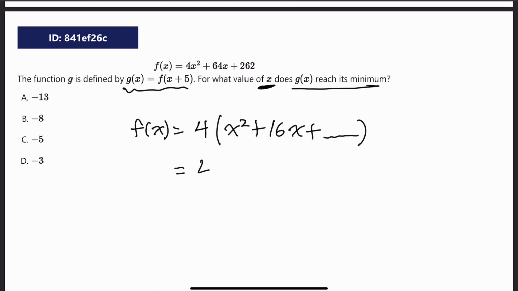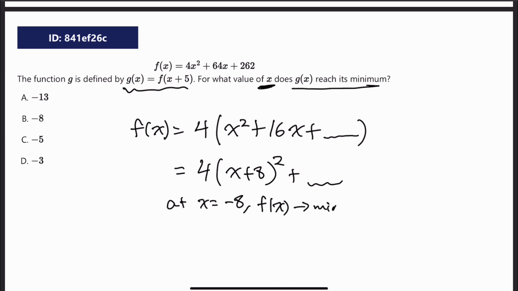If we complete the square, it would be (x + 8) squared plus something, a different value, but it would look like this. And we know that at x equals -8, f(x) is minimum.